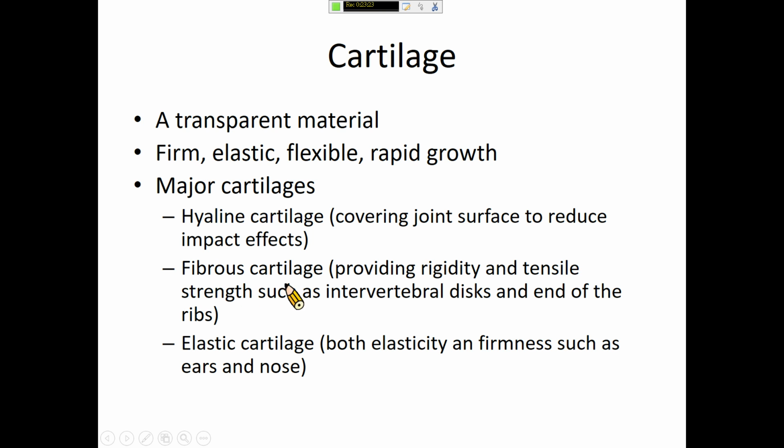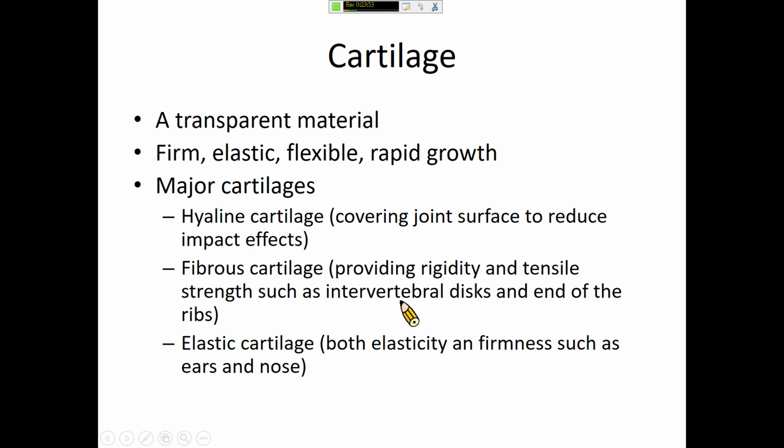Fibrous cartilage. Okay, and they will provide some rigidity and tensile strength, such as those between the discs, which is called intervertebral disc. Okay, it is shown here, this kind of thing.